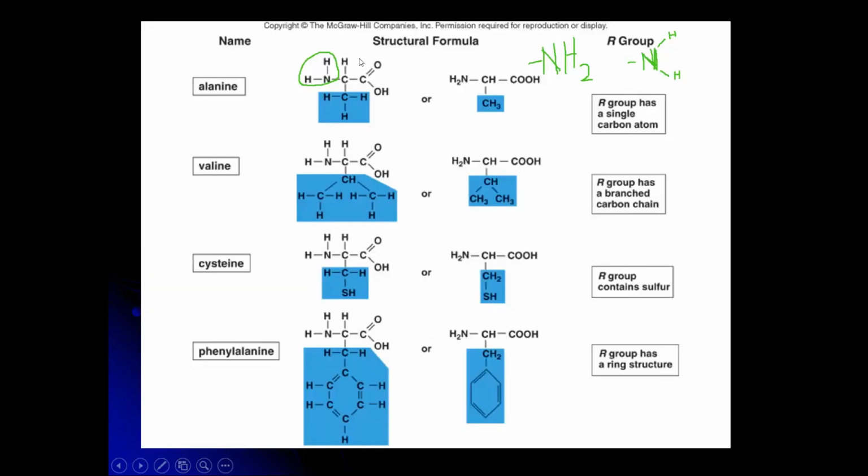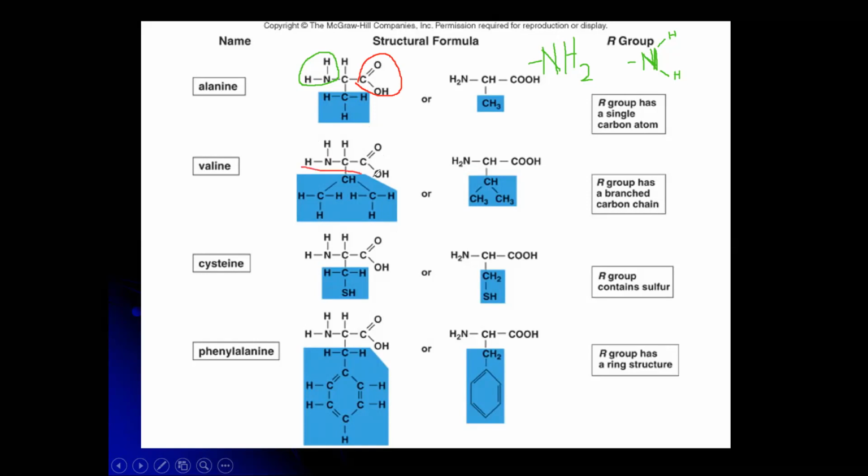Well, here's our acid group. Yeah, carboxylic acid. And then this is the functional group. And this, the blue box, as you can see here, all of this is the same here and here and here.